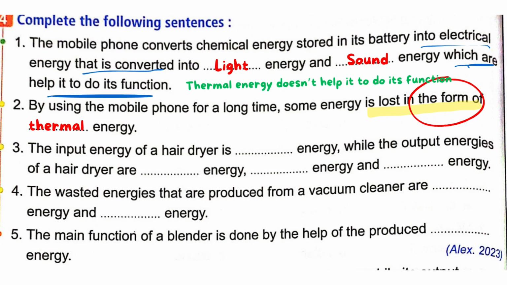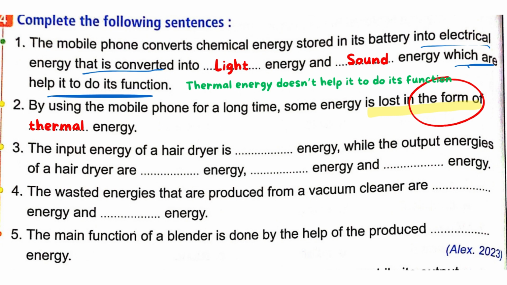Okay, here we have another question. By using the mobile phone for a long time, some energy is lost in the form of which energy? Yes, I know that you know. It's thermal energy. And I want you here to focus that some energy is lost in the form of, doesn't mean that energy can be lost, okay?